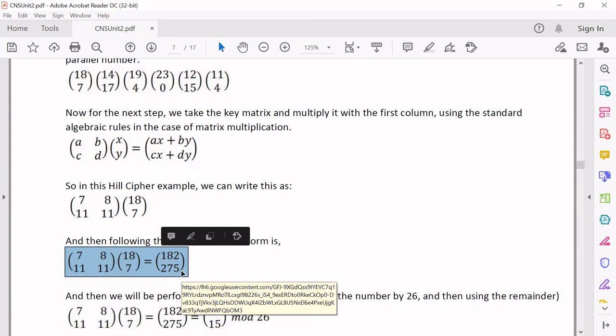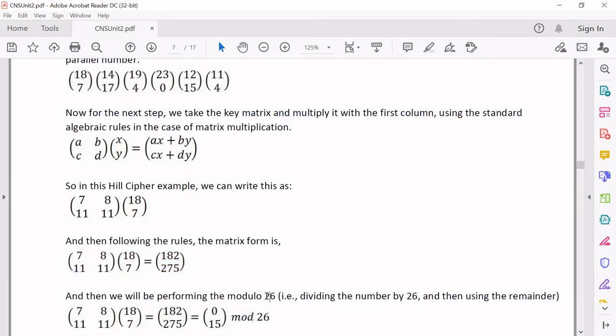But 182 and 275, how will you get the corresponding letter? Because the numbers are only from 0 to 25. There are only 26 characters. You have to convert this number to a corresponding letter. So for that we have to perform modulo 26. Why 26? Because we have 26 letters.